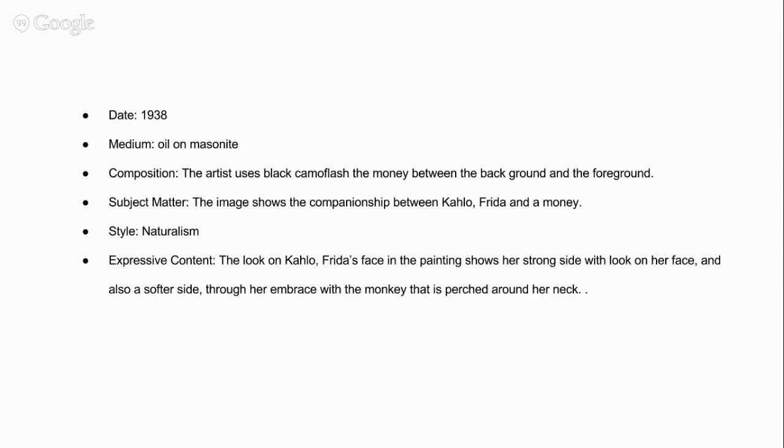This is dated 1938. The medium is oil on masonite, and for the composition, she uses the similarity between the color of her hair and the color of the monkey to camouflage the monkey in the background.